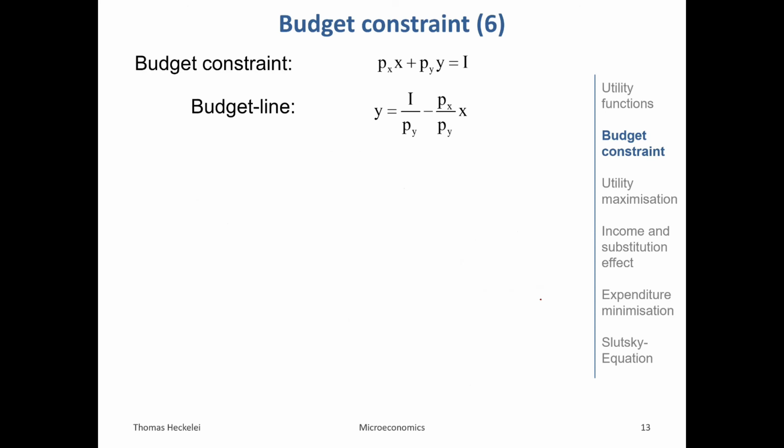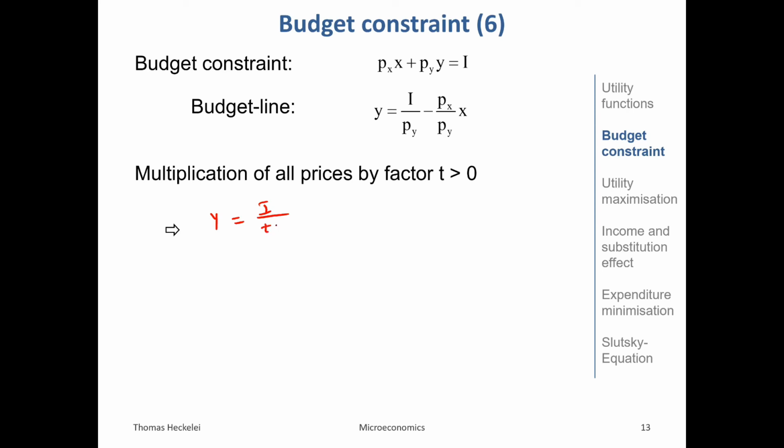And now, what if all prices change by the same factor? If we multiply all prices by the factor t larger than 0, what will happen? The budget line will become y equals I over t py, because we multiply it with t, minus t px over t py times x.